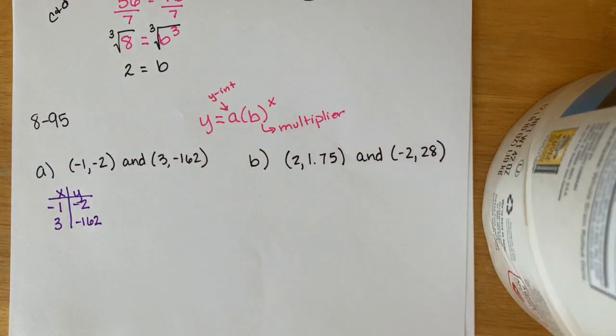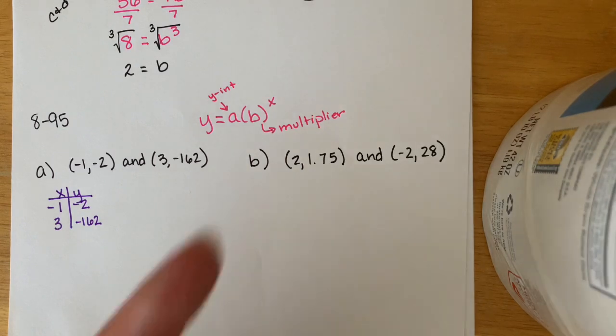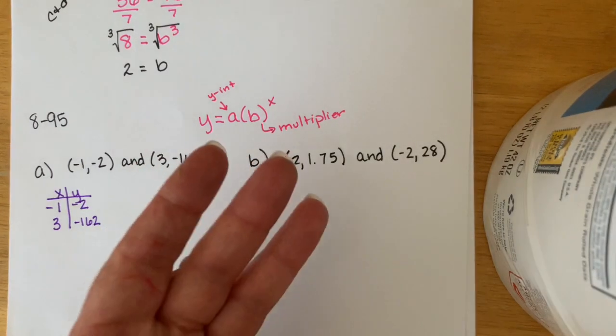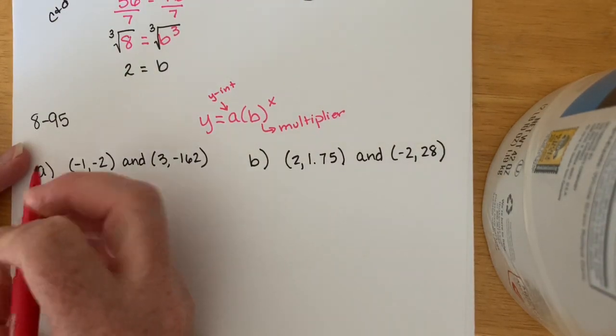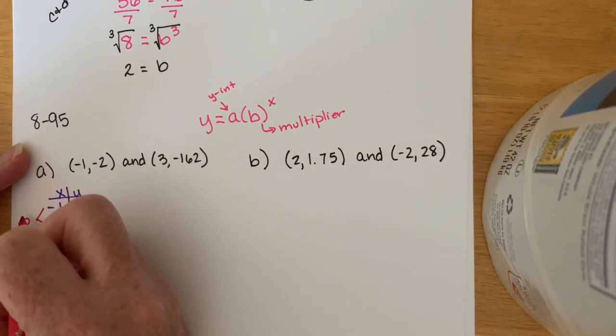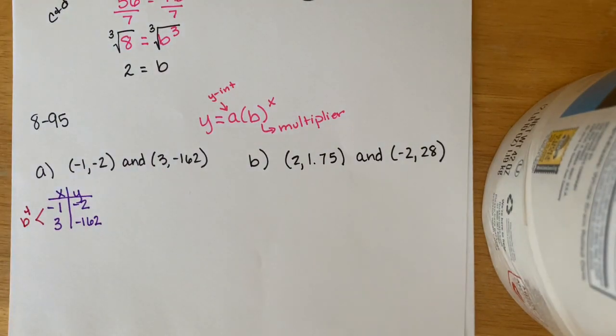What I really want to figure out is how many times I have to multiply b to get from -1 to 3. Well, I'm going to have to make it go to 0, 1, 2, and 3. Another way of looking at that is how far apart are -1 and 3, and I know that they're 4 apart. That means that I am actually multiplying b 4 times, or we're getting b to the 4th power.